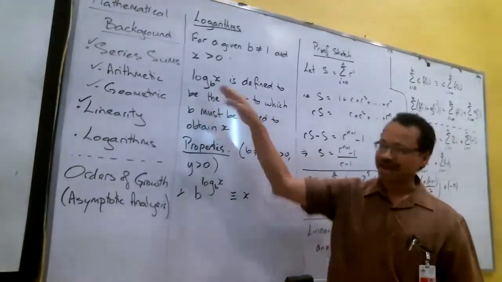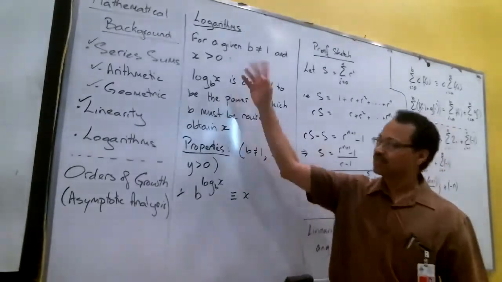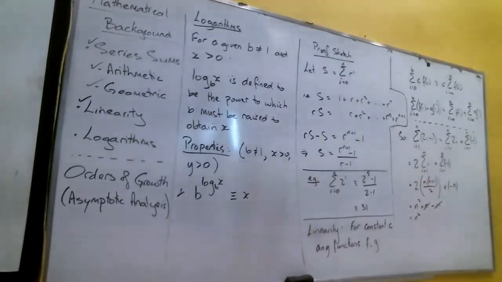The x is on the same line as the log. It's not the log of b to the x. If you write that, you'll be totally lost, and I won't be able to recover you. At the end of the semester, you'll still be writing nonsense. Whenever you see the log, you're going to run screaming for the hills, and you'll get none of those marks that I'm giving away to you.